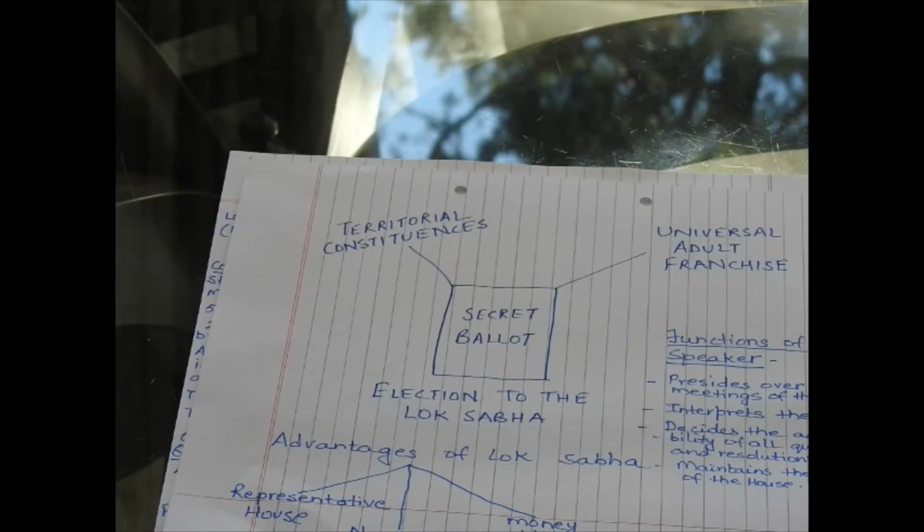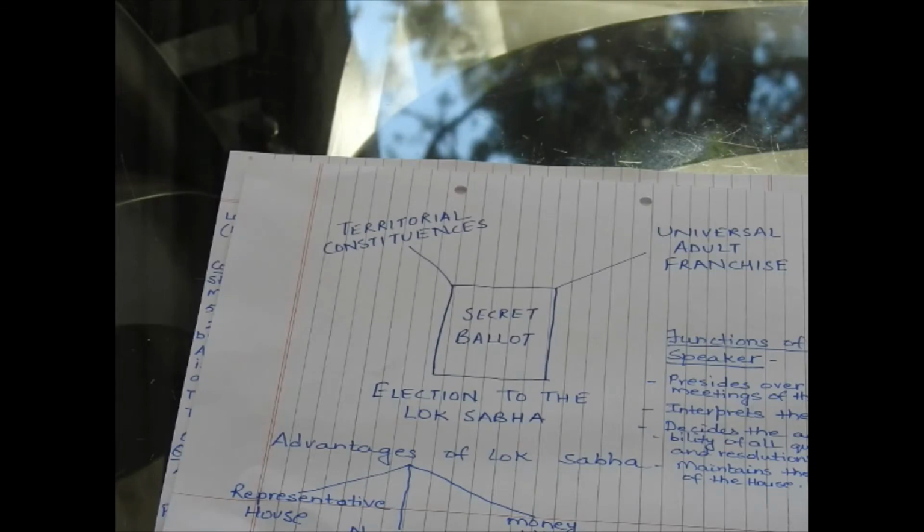Money bill, very important. All money bills are introduced only in Lok Sabha. Referring money bills to the Rajya Sabha is a mere constitutional formality because Rajya Sabha can withhold the money bill only for a period of 14 days. If it does not return the bill within 14 days, the bill is considered as passed.